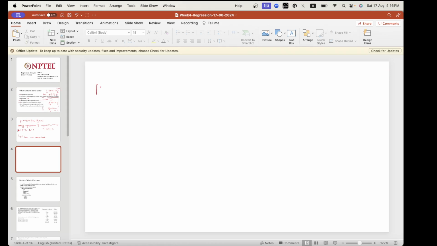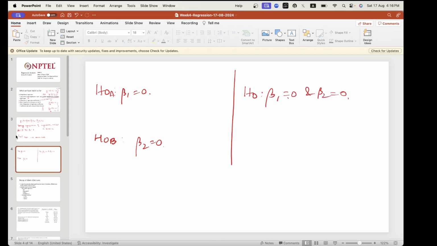So let's say we wanted to test whether beta 1 equal to 0, or whether beta 2 equal to 0, or, let's say, beta 1 and beta 2 equal to 0.